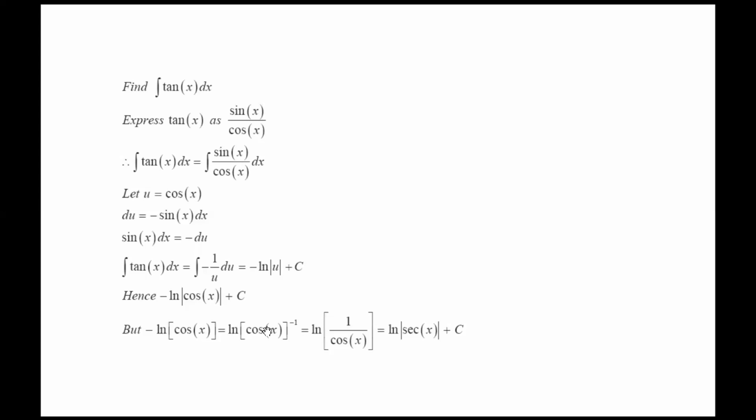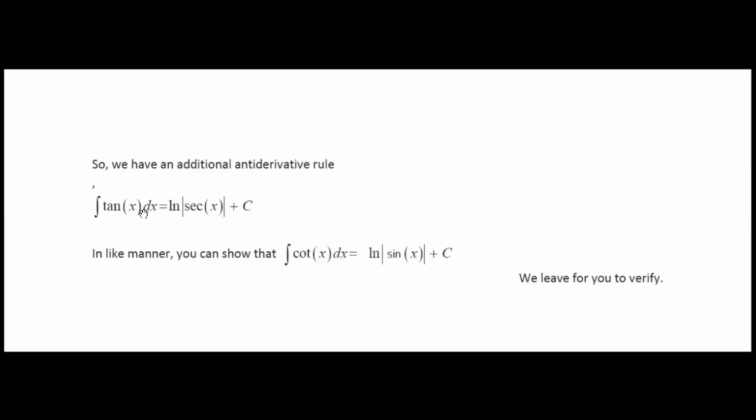So this is to the -1 power. So that's the cosine to the -1 power. That's not inverse cosine. It's cosine to the -1 power, which is 1 over cosine. And 1 over cosine is secant. Okay. And so we write our answer like so. So we're going to instruct you: you want to learn the antiderivative of the tangent is ln of the secant.